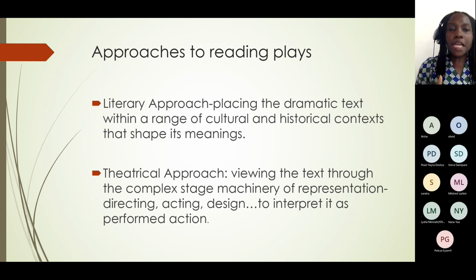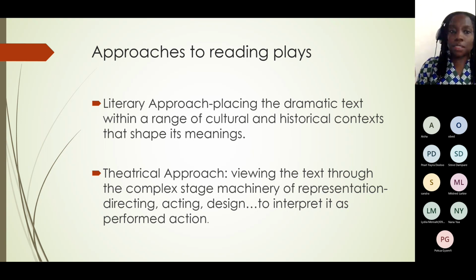Now, when you think about the whole difference between performance and the dramatic text, you can think of it as in the approaches which people use to read plays.